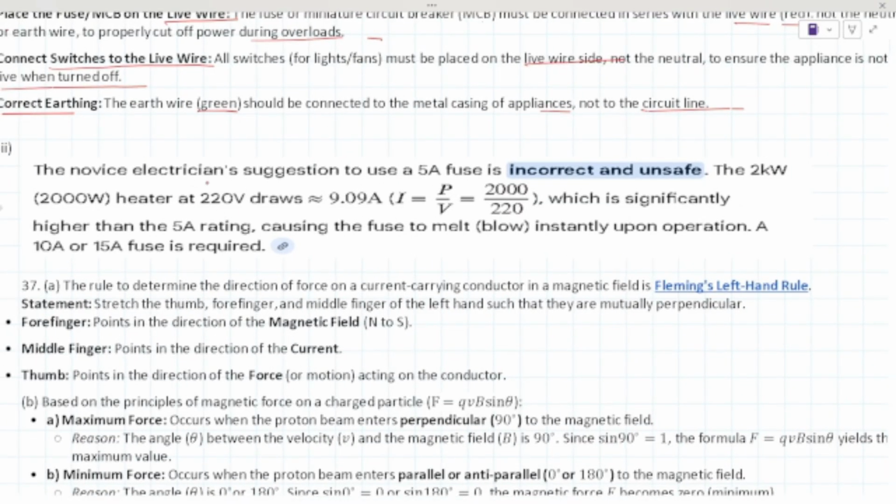Here, the 5 ampere is incorrect and unsafe. The 2 kilowatt means 2000 watt.